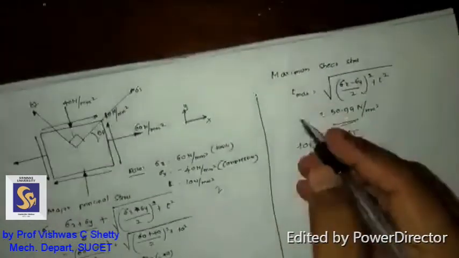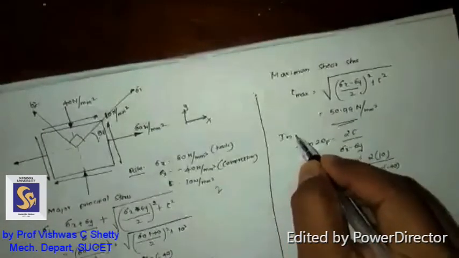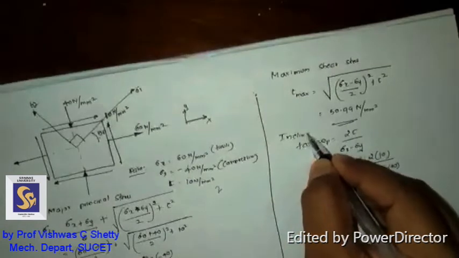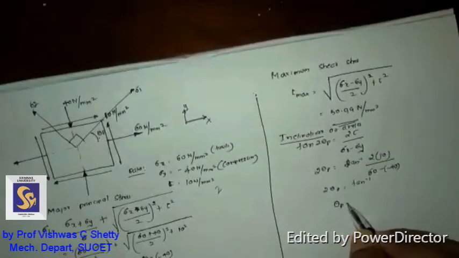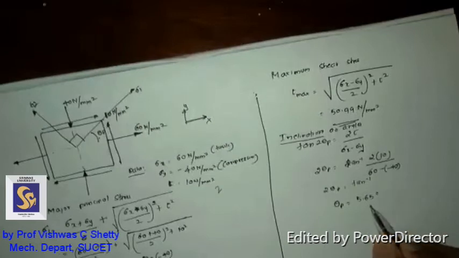This is to find the inclinations, or angles, of the principal stress planes. The final value of theta p is 5.65 degrees.